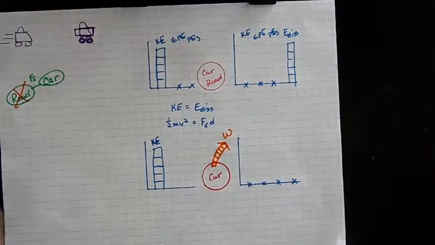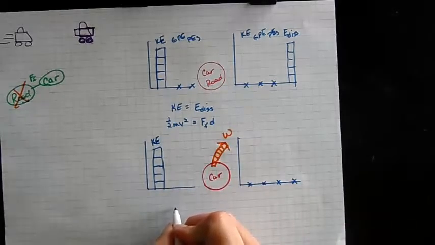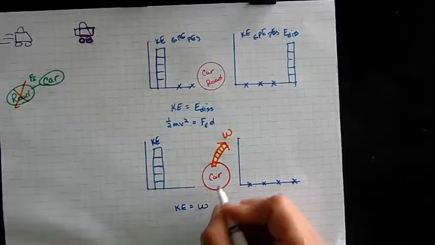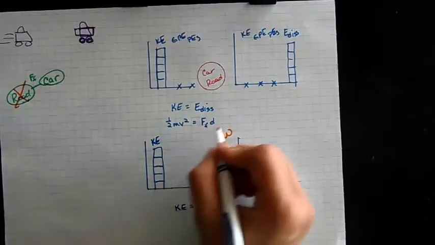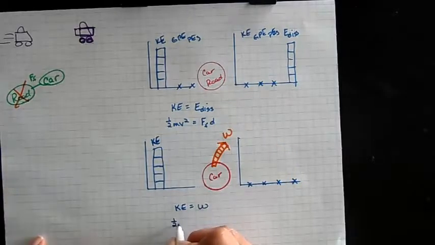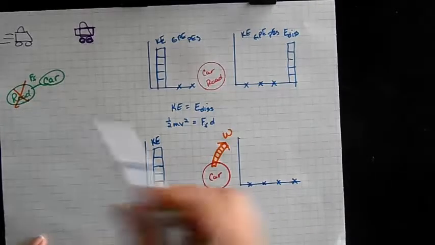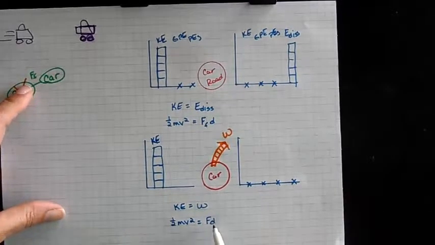So when we write this conservation equation then, we're going to have our kinetic energy is equal to the work done on the car by the road. Now what does it look like if we take this equation out? Well, it looks the same, right? Because what is work? Work is force acting over a distance. So when the road does work on the car, it applies this friction force over some distance.